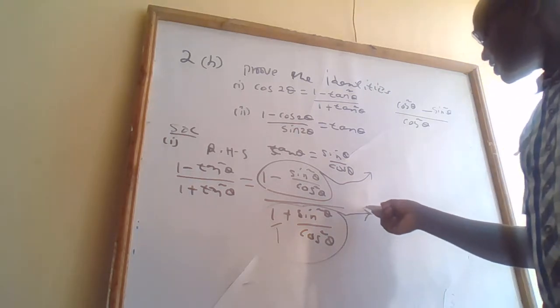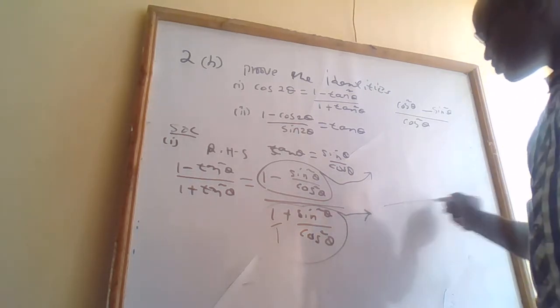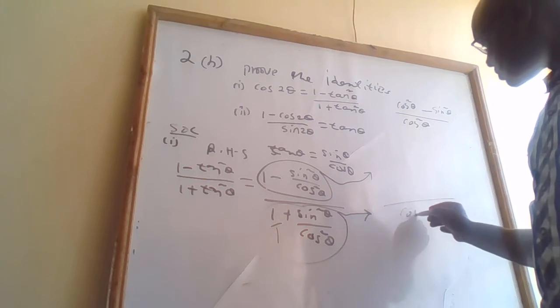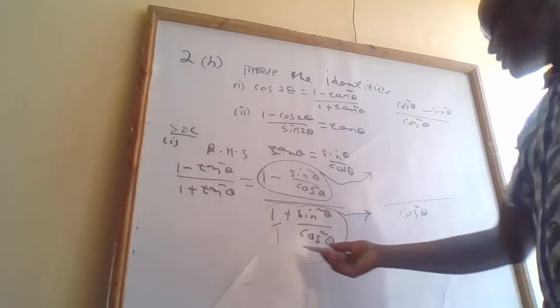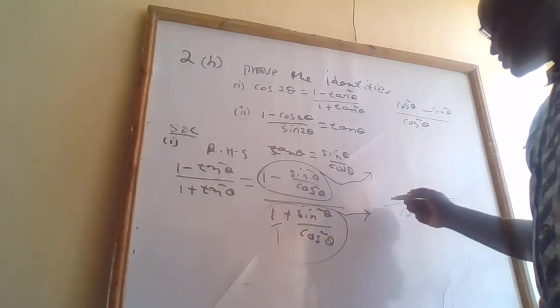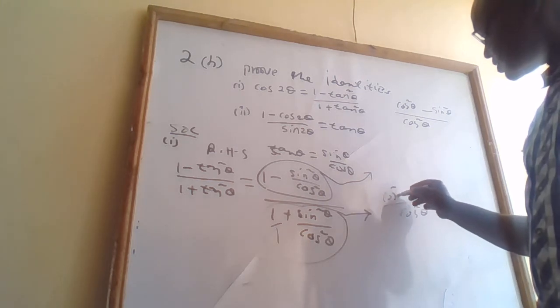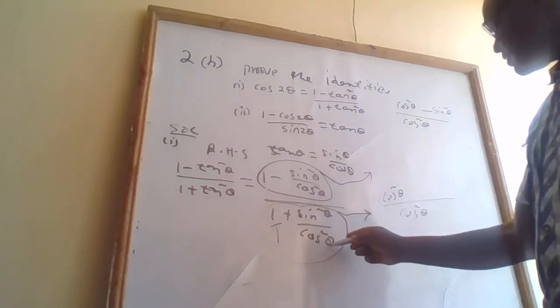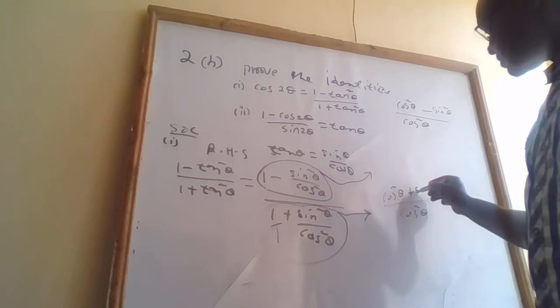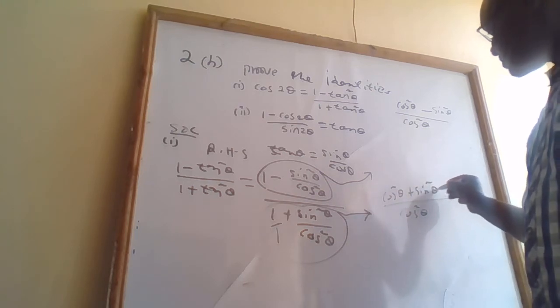For the denominator again, the LCM will be cos theta squared. So we have cos theta squared plus sin theta squared.